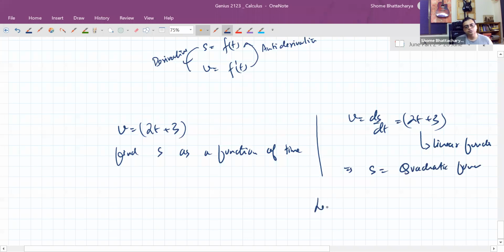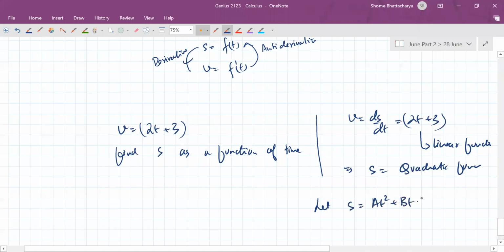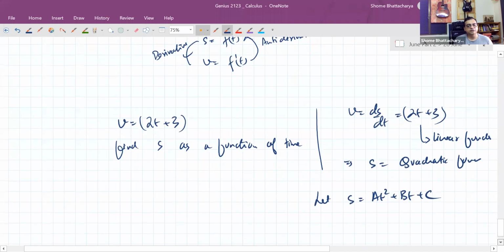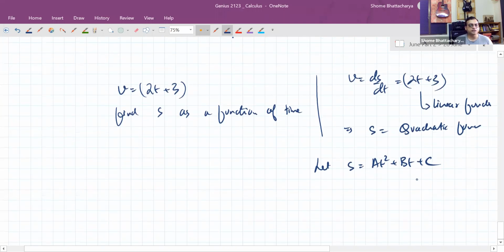So we assume that s is equal to some at square plus bt plus c. And then we went about finding these coefficients a, b, c. We said that s at t equal to 0 must be 0, so that means c is equal to 0.